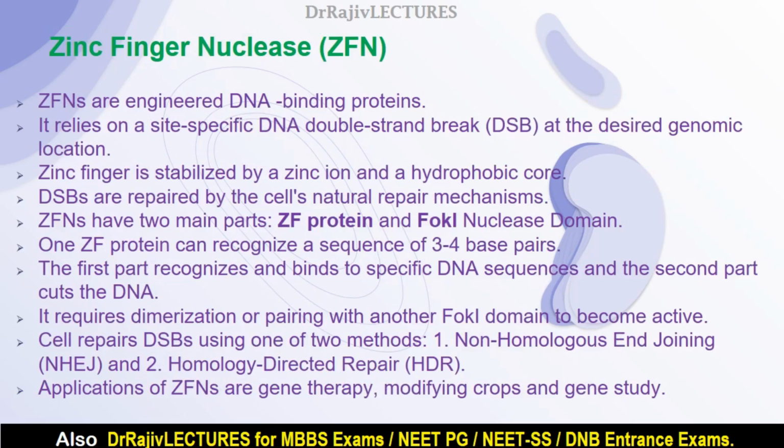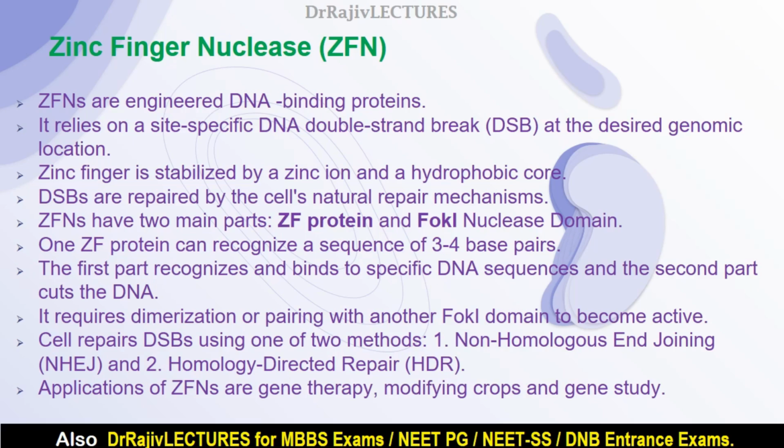Zinc finger nucleases are engineered DNA binding proteins. Zinc fingers were discovered in 1985. Efficient gene editing relies on a site-specific DNA double-strand break. Zinc finger nucleases were developed to generate a site-specific double-strand break at a desired genomic site.